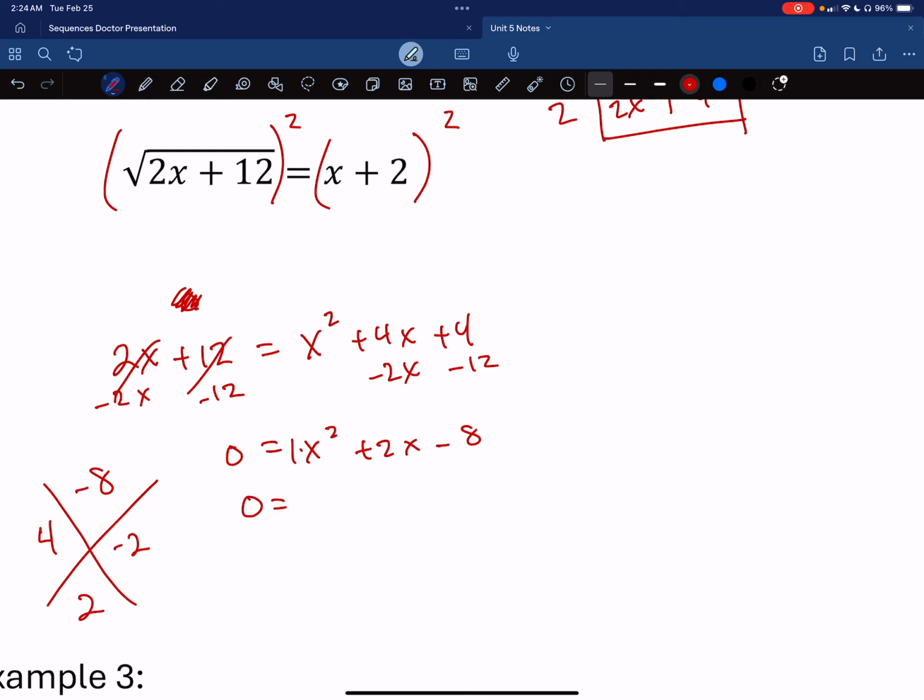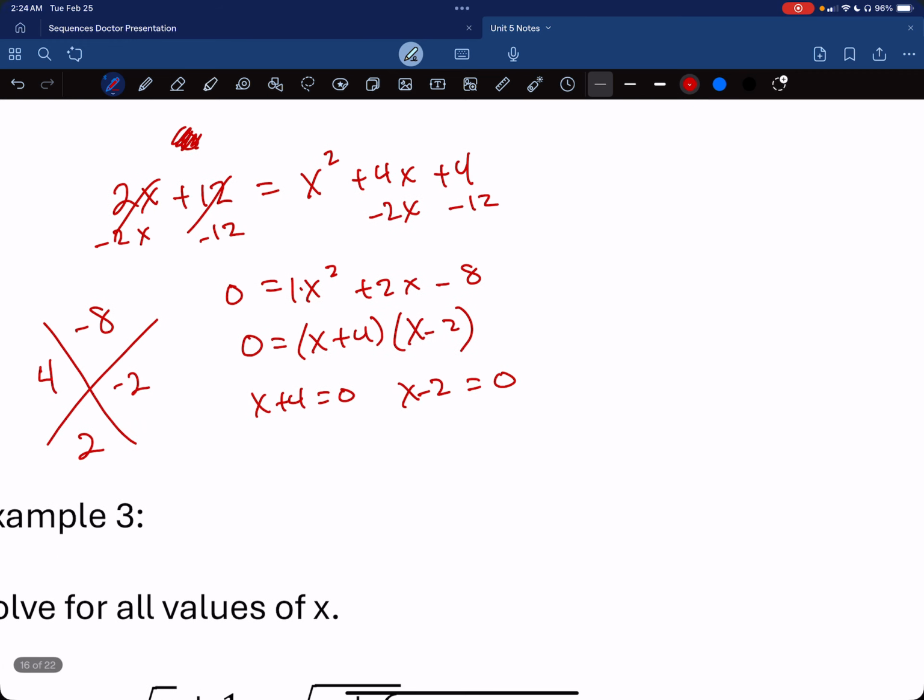We get 0 equals (x plus 4)(x minus 2). x plus 4 equals 0, x minus 2 equals 0. After subtracting 4, we get x equals negative 4. That's one possible answer. We also get positive 2.